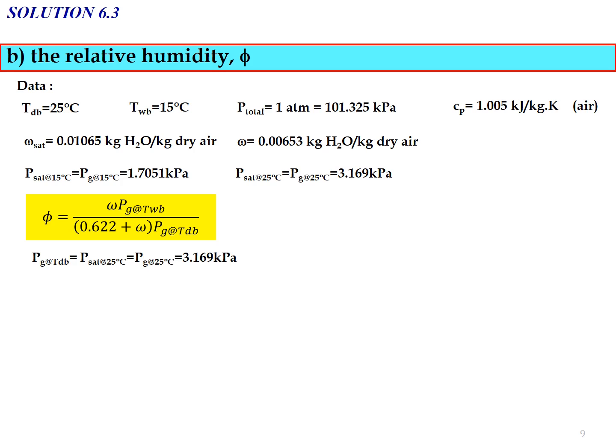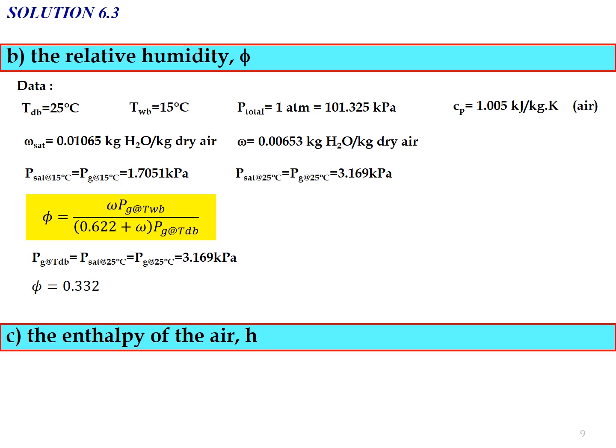The value of Pg at dry bulb temperature equals Pg at 25 degrees Celsius, 3.169 kilopascal. Substituting all the values, we get relative humidity psi equal to 0.332, or 33.2%.